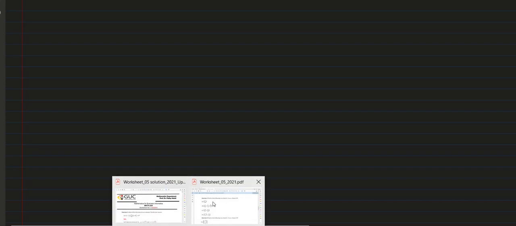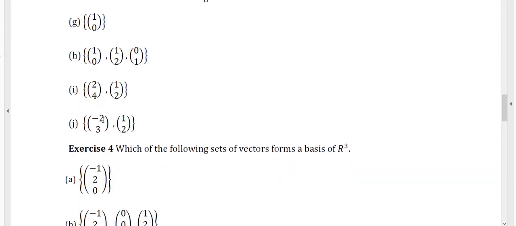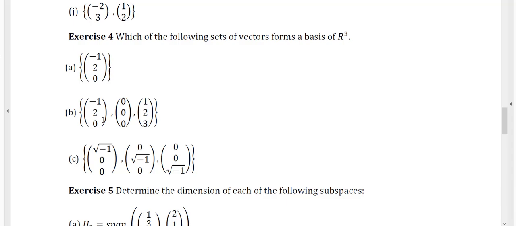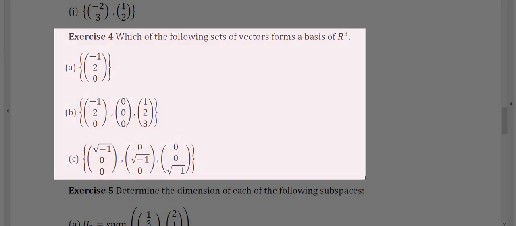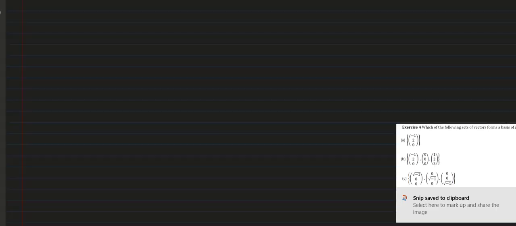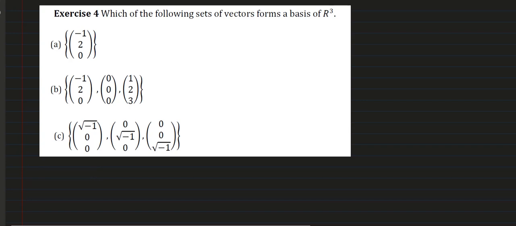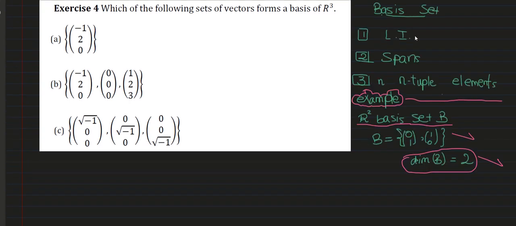Let's take an exercise now from the worksheet. Here, let's take exercise 4. I would like to take all of exercise 4 and discuss it with you. So now dears, in exercise 4, we recall that the basis set is a set such that its elements are linearly independent and they can span a certain Rn.